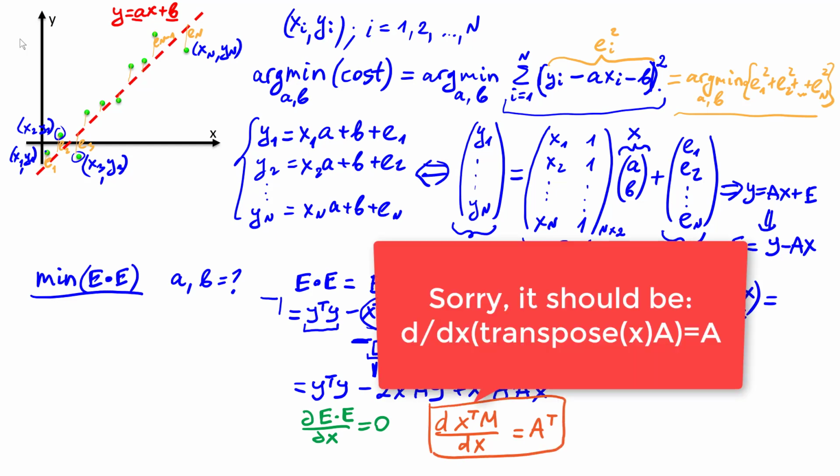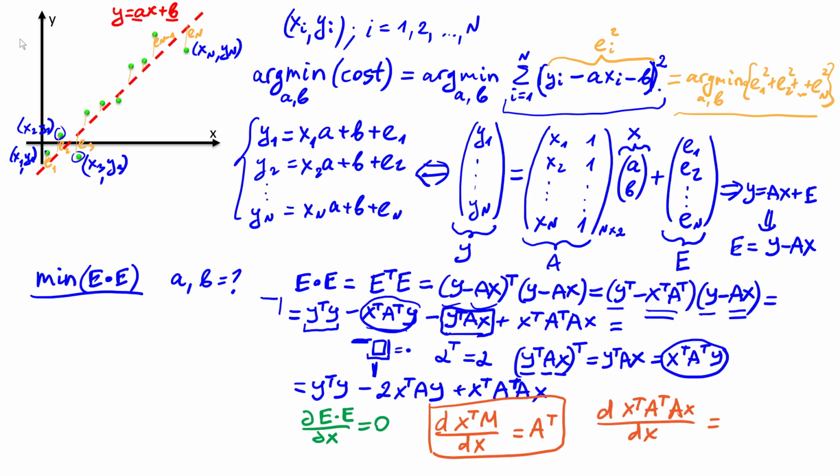And the second formula is the derivative of x transpose A transpose A x with respect to x, which equals twice A transpose A x. Now we can continue our computation here.